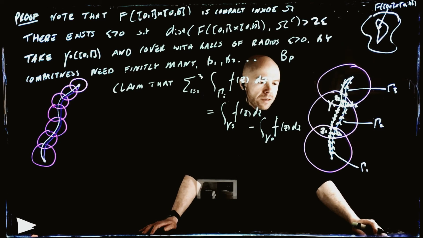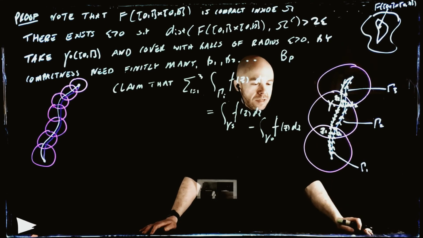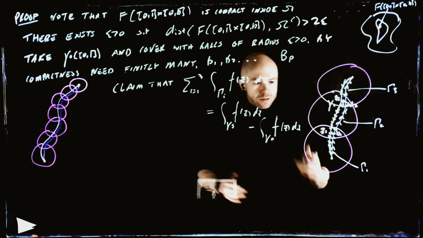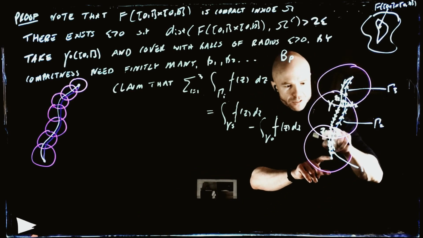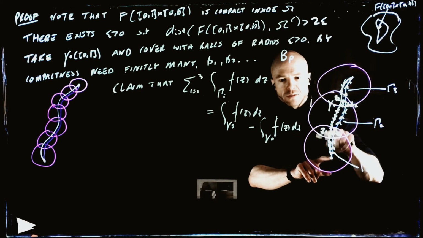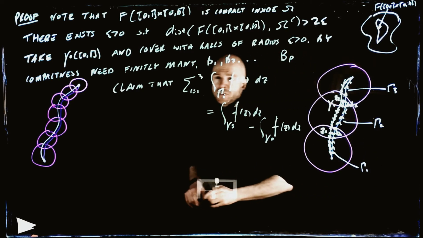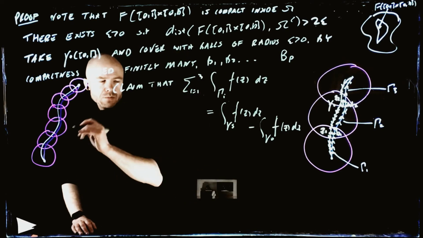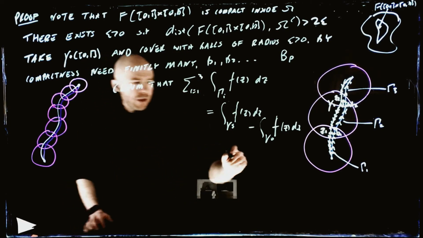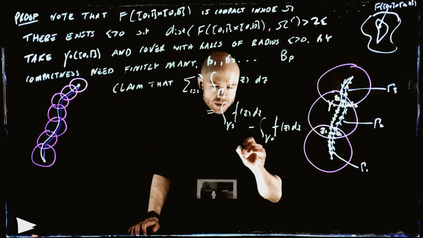Cool. And if we look at each ball, then we are in good shape, because this thing is just a nice closed path inside a ball where the function's holomorphic, right? So we claim this just by cancellation.